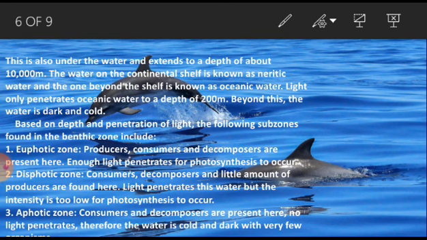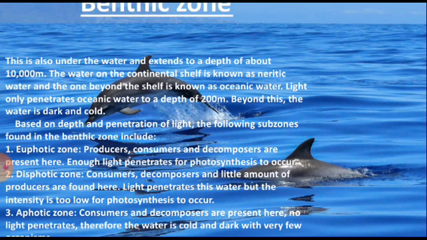But the amount that we have here is to the extent to which research has reached. Now, the water on the continental shelf is known as neritic water, and the one beyond the shelf is known as oceanic water. Now, based on depth and penetration of light, the following subzones are found in the benthic zone, and they include euphotic zone, dysphotic, and aphotic zone.